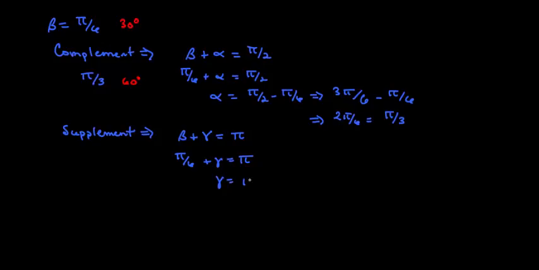So gamma is equal to pi minus pi over 6. Now if we get a common denominator again, we have 6 pi's over 6 minus pi over 6. That gives us 5 pi over 6. So our supplement is 5 pi over 6.